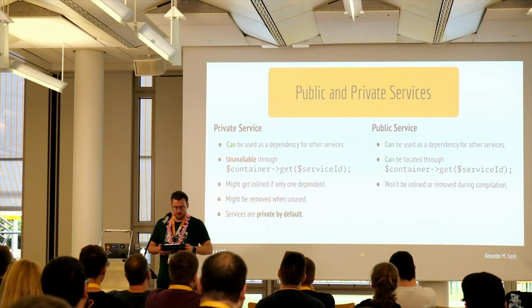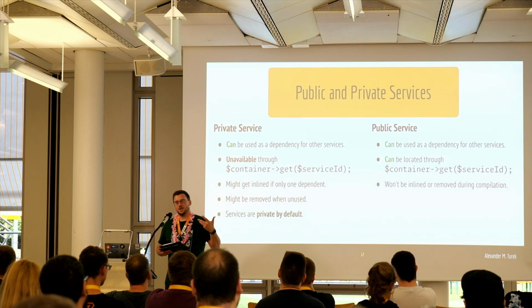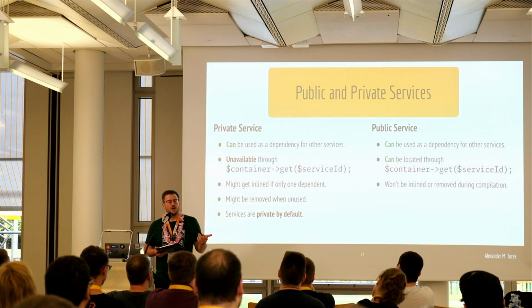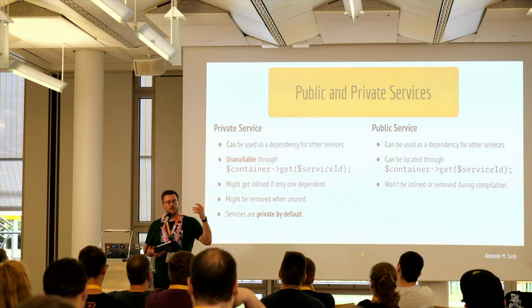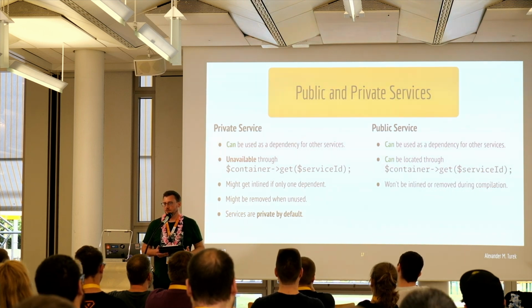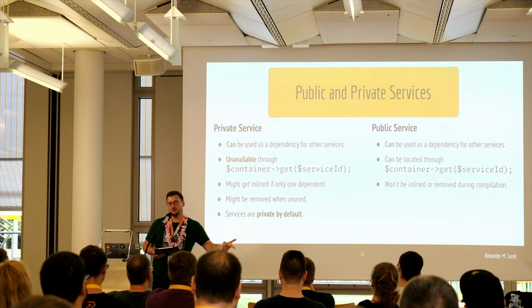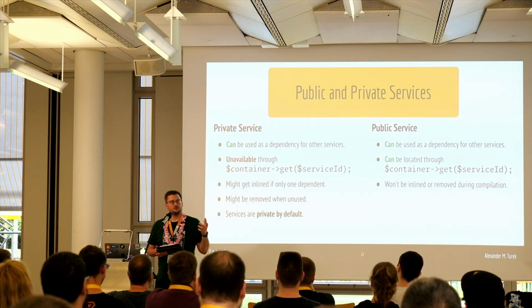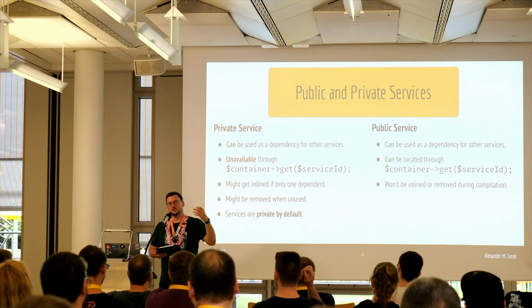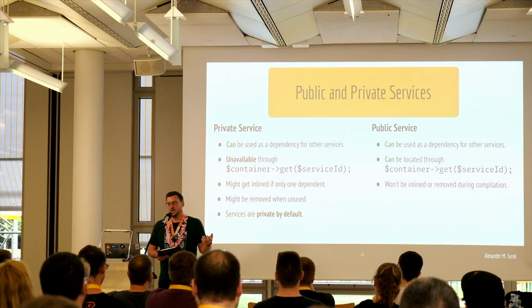One thing that we can optimize through compilation is that we can remove services that are not being used, and we can inline services that are only being used once. And how do we know if a service is used or only used once? Because we can configure a service as private or public.